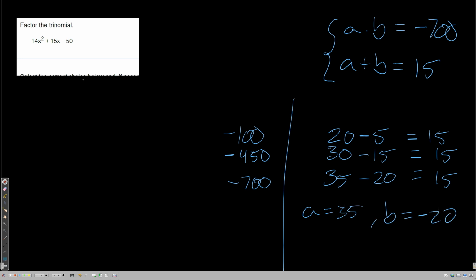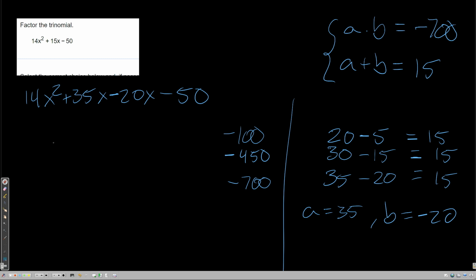Very good. Now I'll come back over to my quadratic, 14x squared. Here's my minus 50. And the 15x I'm going to write as 35x minus 20x, because that would combine together to give you 15x.